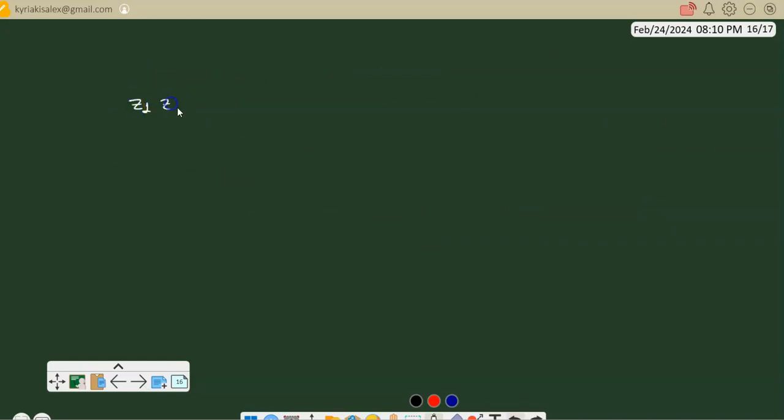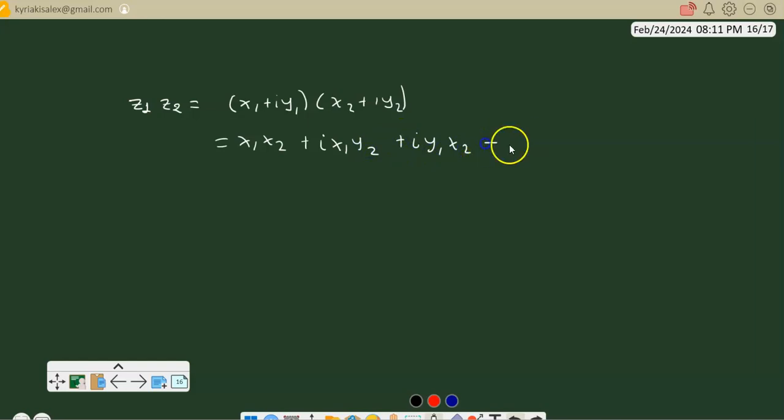Now let's take the product of these two. So the real part is x1 x2 minus y1 y2, and the imaginary part is x1 y2 plus y1 x2.